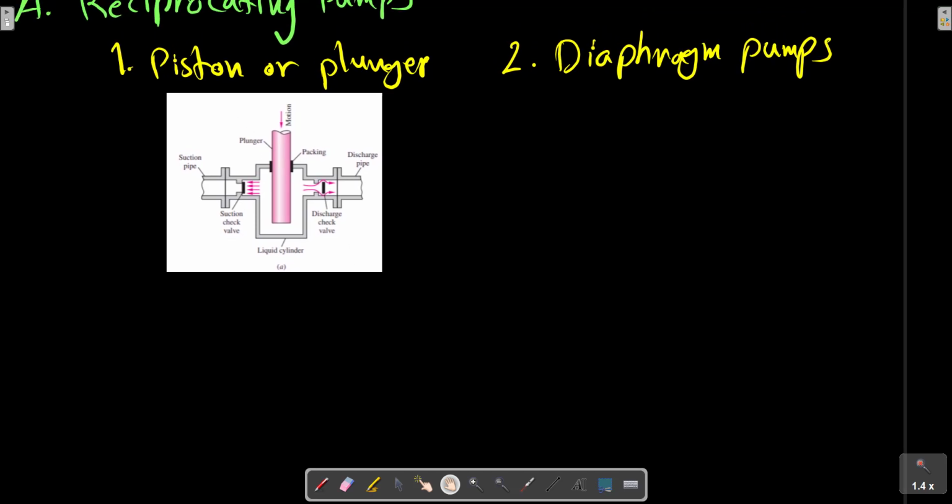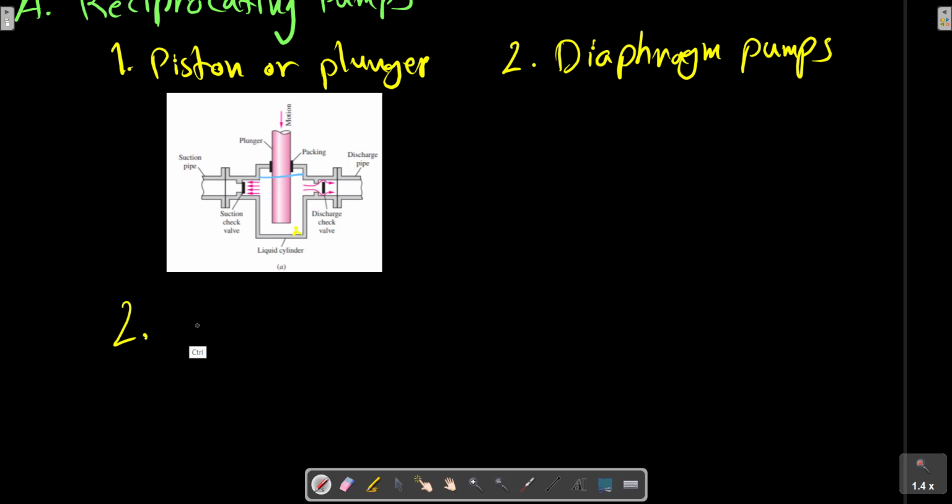In the diaphragm pump, instead of this reciprocating motion, there is a diaphragm here that pushes the flow to leave the liquid cylinder.